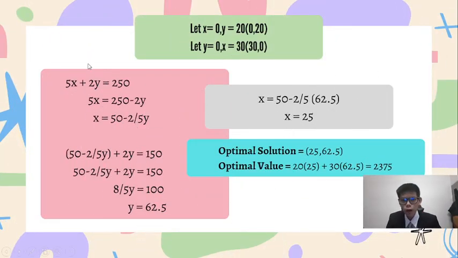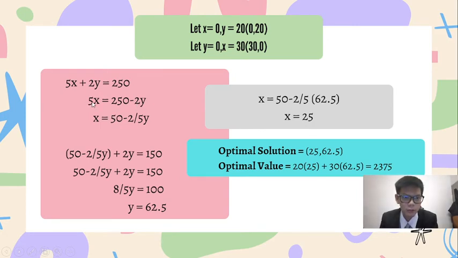Okay, how we are going to count out our optimal solution is, we use the first constraint, which is 5x plus 2y equal to 250. Right now we want to find out the value of x. So we move y to another side, so positive 2y will become negative 2y.